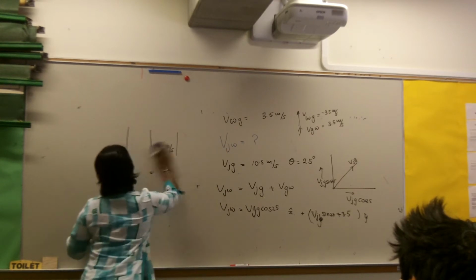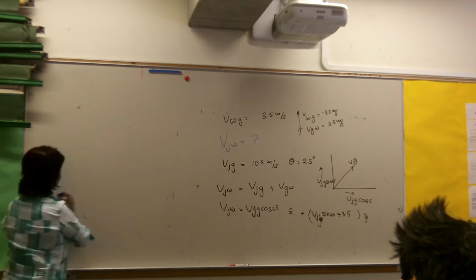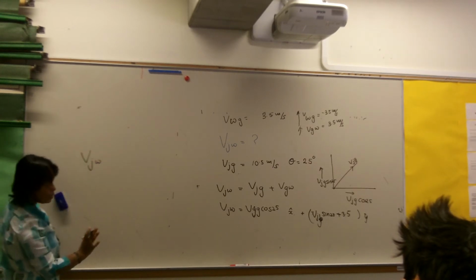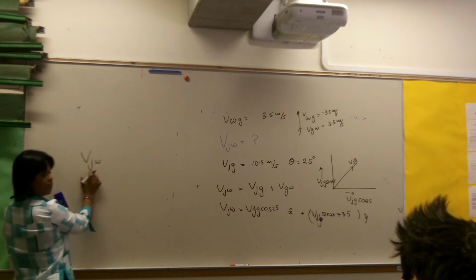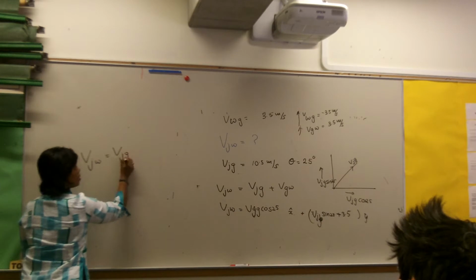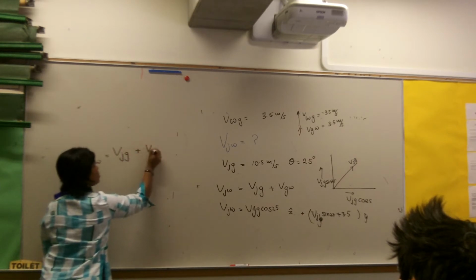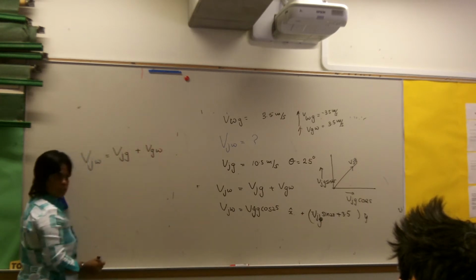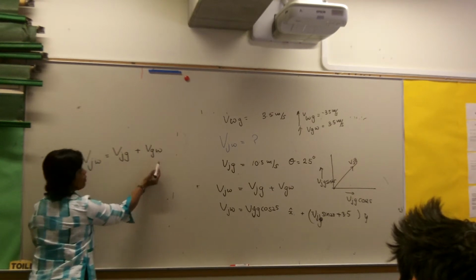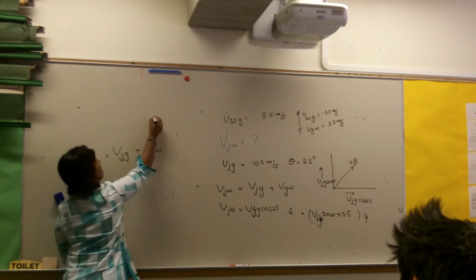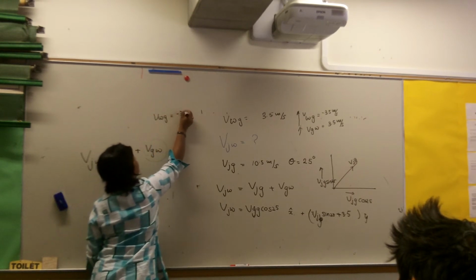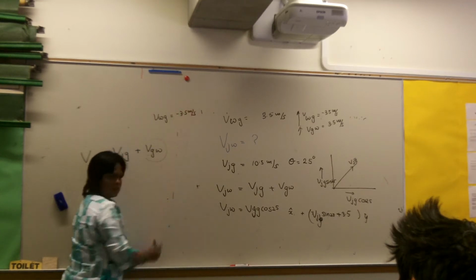Okay, once again, we are looking for VJW. Is it right? That's what we are looking for. So when we arrange this, we are saying this is JG plus GW, right? Because we want to get these two at the end. But we are only given WG, which is negative 3.5 meters per second, right?